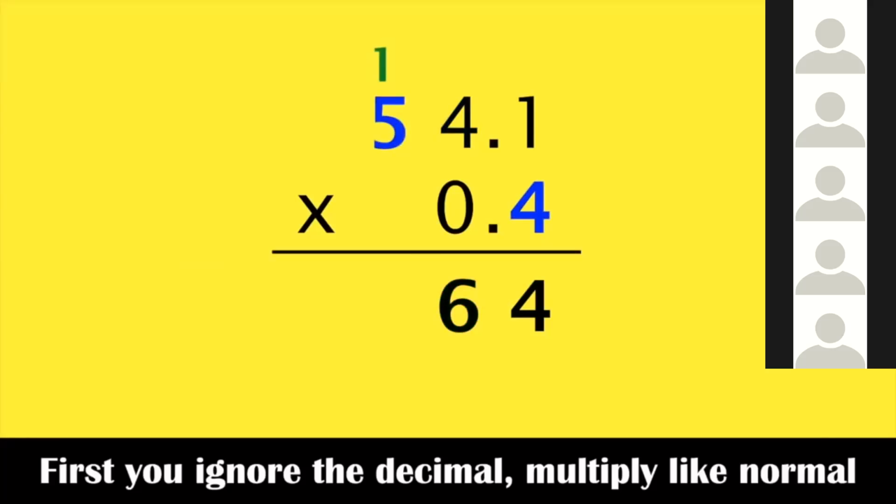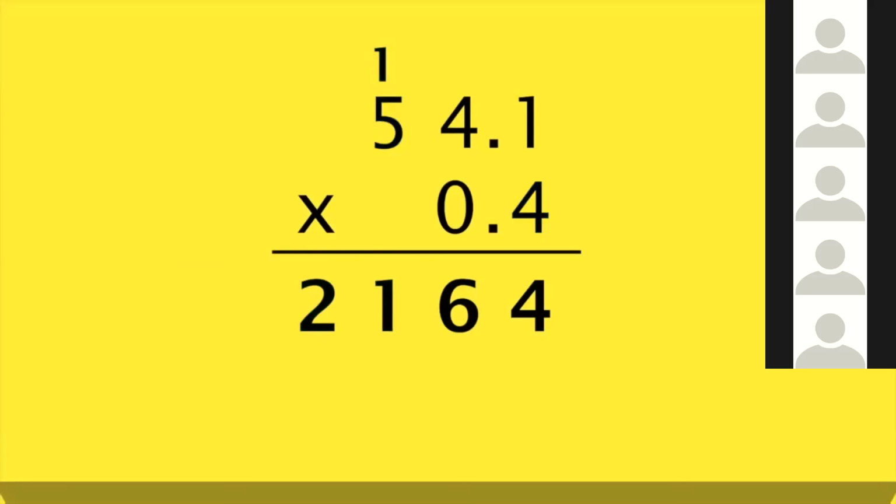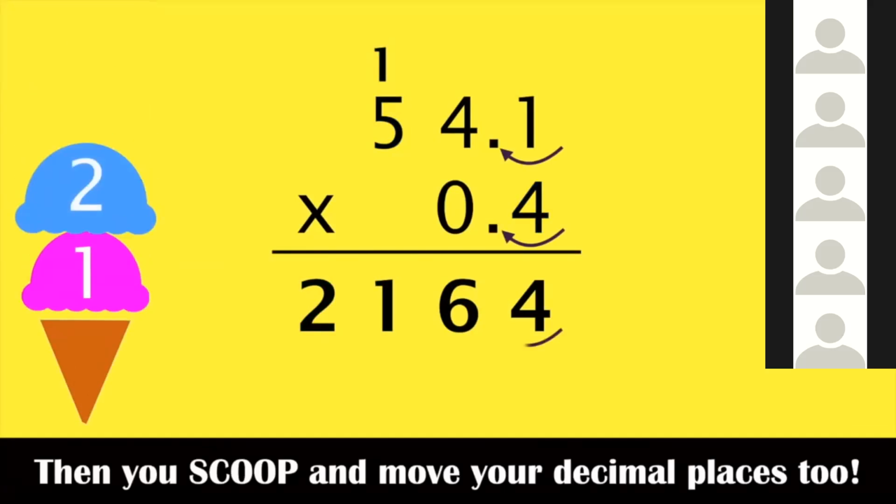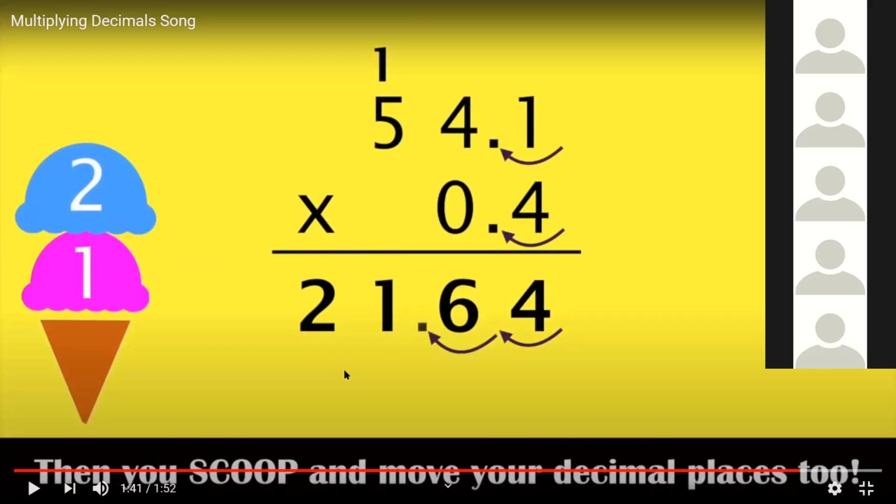In the first number here we have one number after the decimal point, and in the second one number after the decimal point. So at the end, in the result, we will move 2 places and you will put the decimal places.